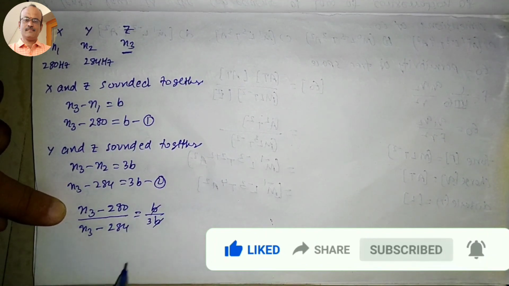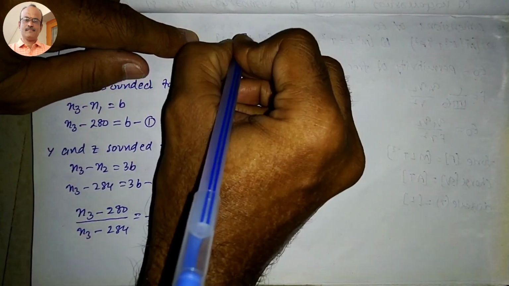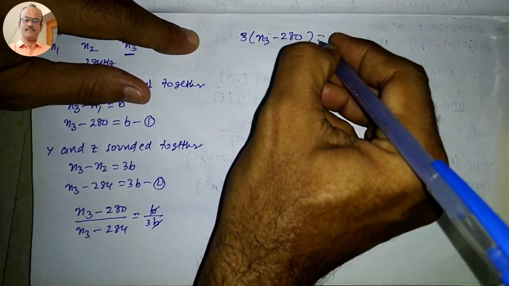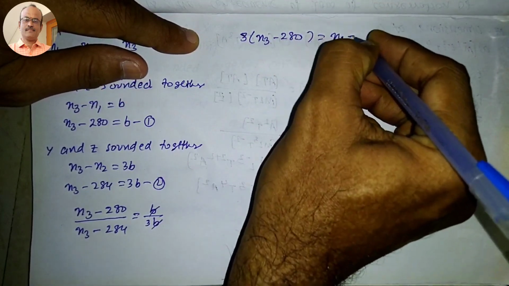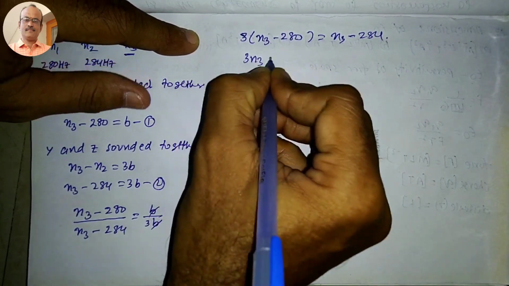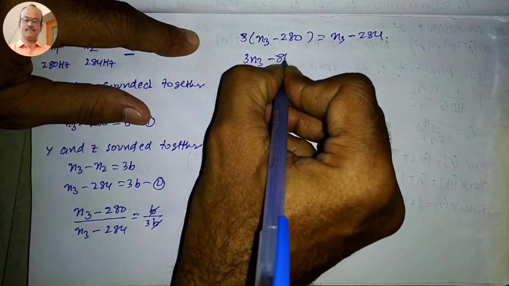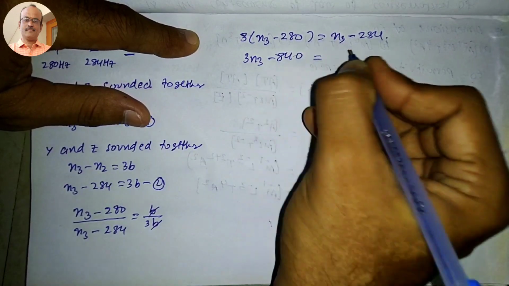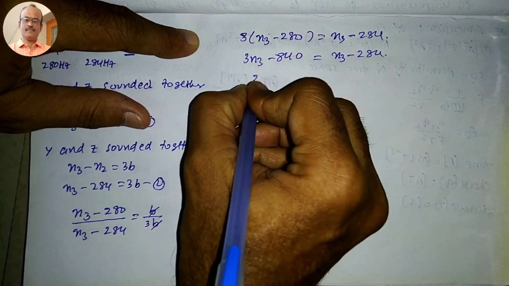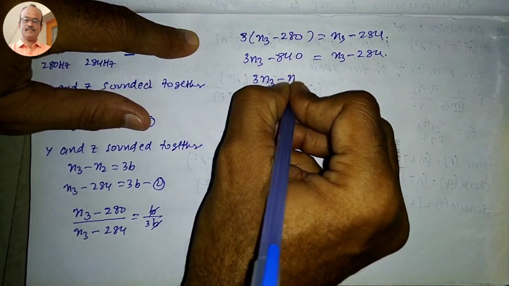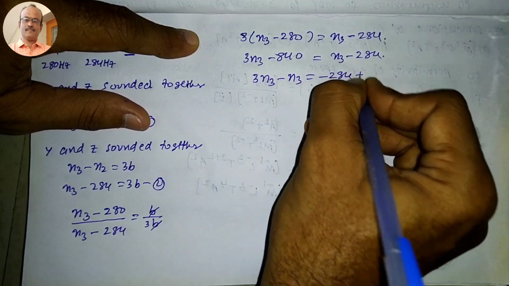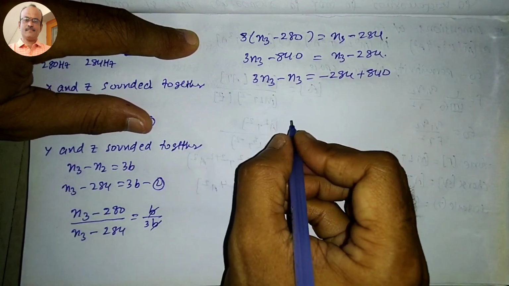B gets cancelled. Cross multiplication, we are getting 3 times N3 minus 280 is equal to N3 minus 284. So here 3N3 minus 840 is equal to N3 minus 284. That means 3N3 minus N3 is equal to minus 284 plus 840.